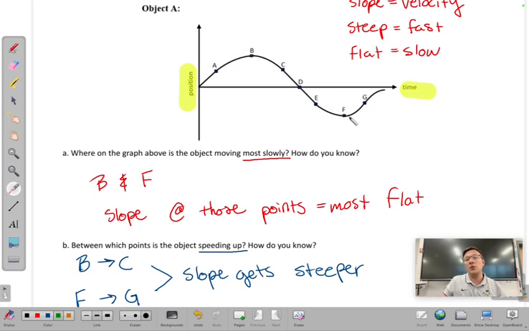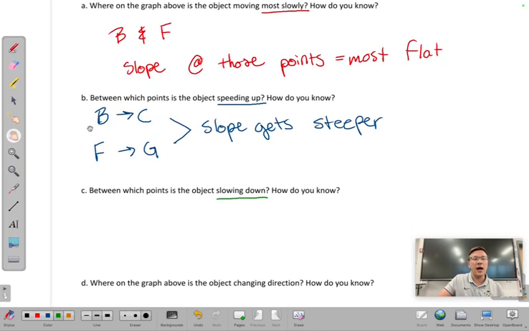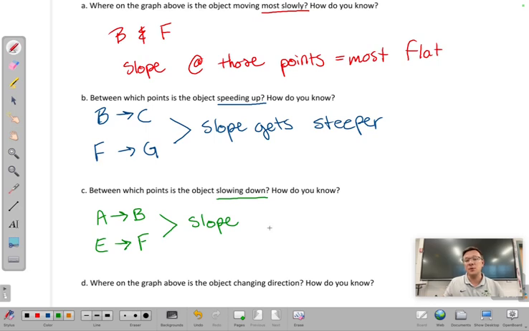And on the other side of the graph, after point D, we can see that point E has a pretty steep slope, and then it does flatten out as it goes to point F. So those are going to be our locations: A to B and E to F. And the reasoning for this is that the slope gets less steep, or becomes more flat, as you go from the first point to the second one.